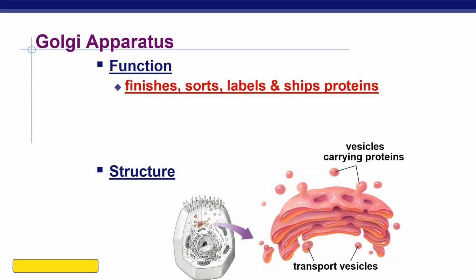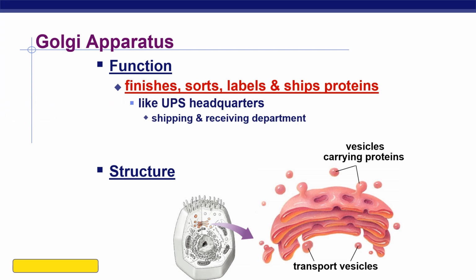Looking into its function, the Golgi apparatus finishes, sorts, labels, and ships proteins. Like UPS headquarters, they are responsible for the shipping and receiving department.